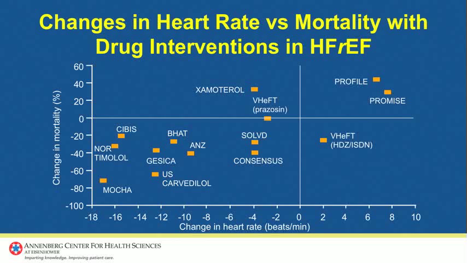So it's not surprising then that when all the beta blocker studies that were available at the time, together with other heart failure studies that didn't use beta blockers, were put together in a meta-analysis, the greater the reduction in heart rate from baseline to on therapy, the greater the improvement in survival in patients with HFrEF.